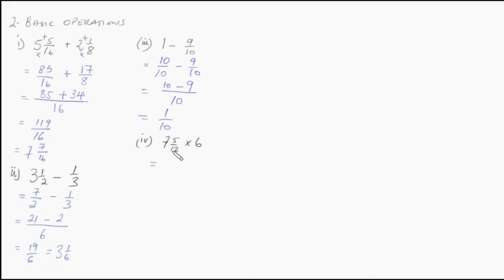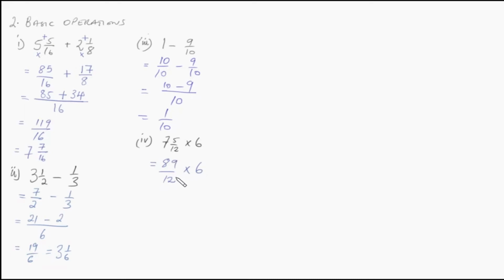We are going to have 12 times 7, which is equal to 84, then plus 5. We get 89, okay? 89 over 12 times 6.